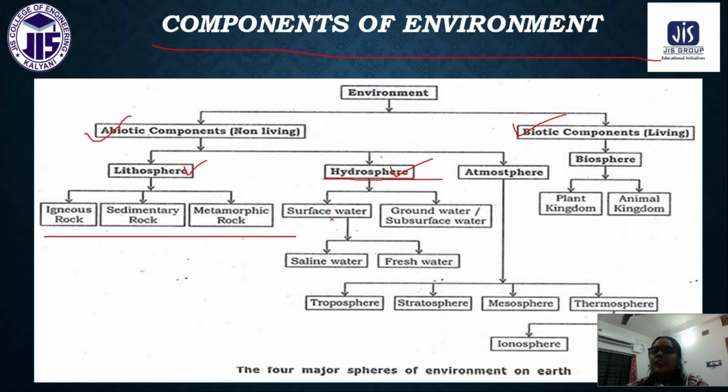And hydrosphere is again of two types. One is surface water and one is groundwater. Okay, you know, recently we are facing a big challenge in using groundwater, because day by day the groundwater layer is decreasing, and thus there are so many areas, so many cities that are now facing water scarcity.